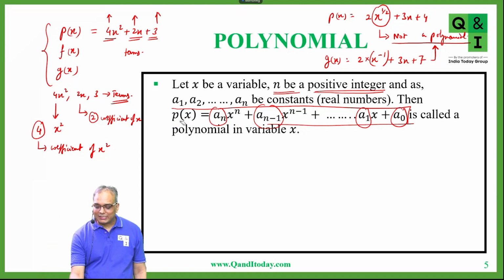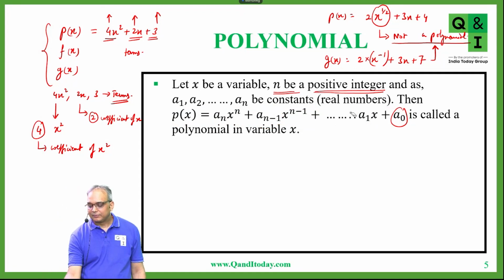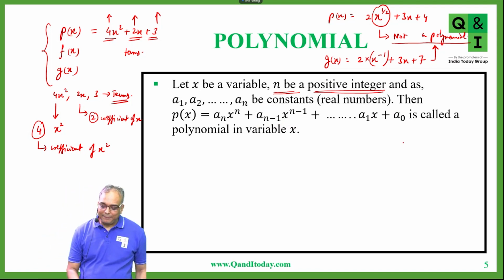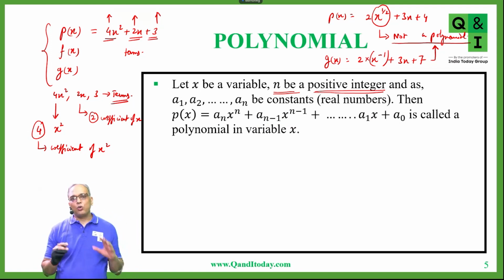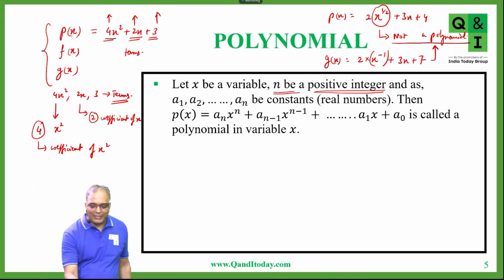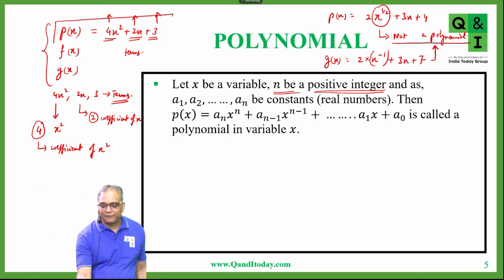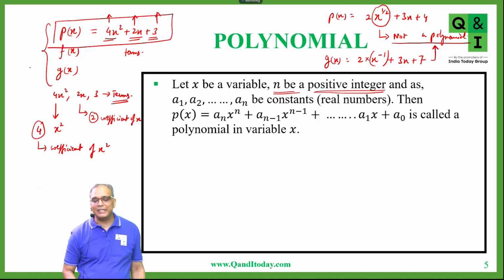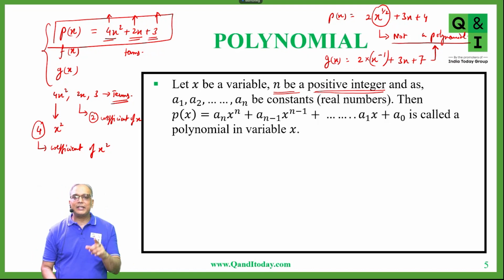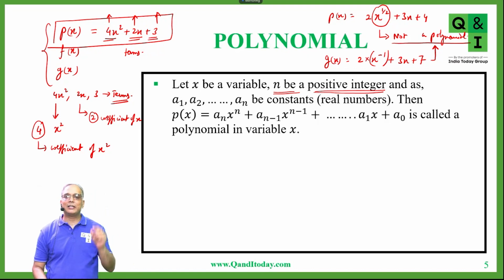Now let me explain it again to students who have joined late. So how to find whether an algebraic expression is a polynomial or not. Let us take a few examples. Here, the first example is polynomial p(x) is 4x square plus 2x plus 3. For an algebraic expression to be a polynomial, the power of x has to be a positive integer.